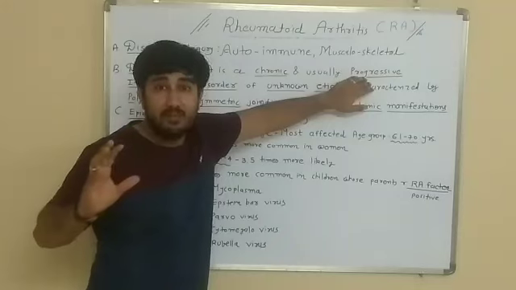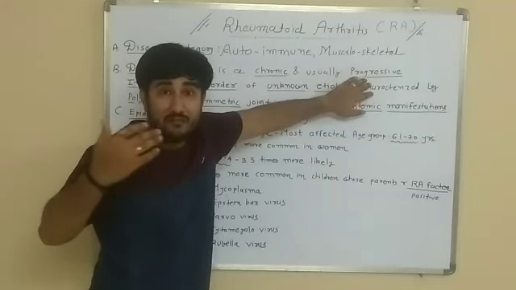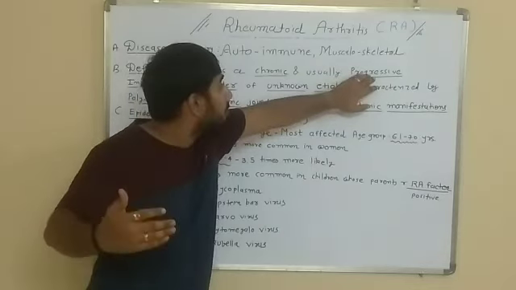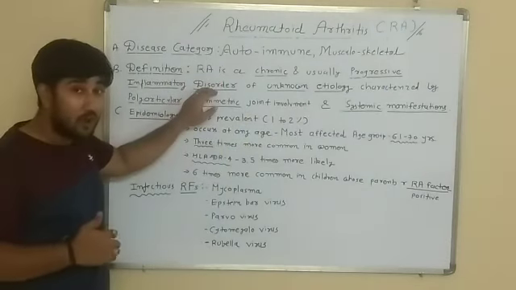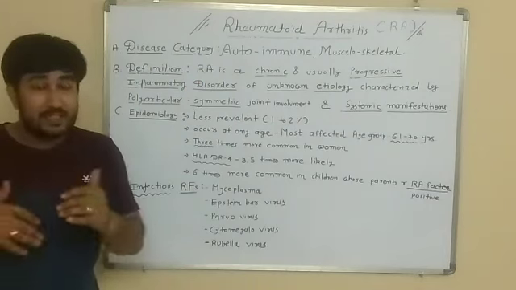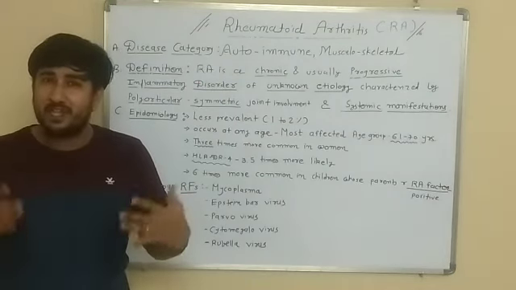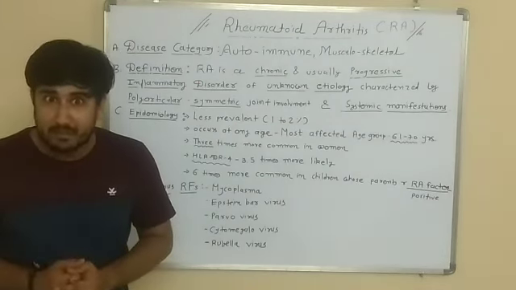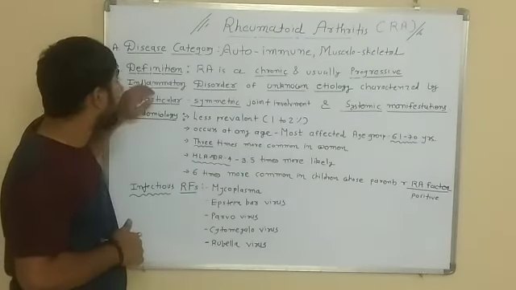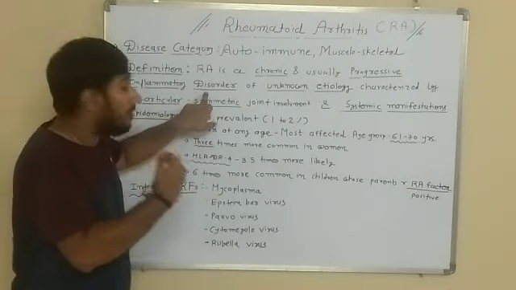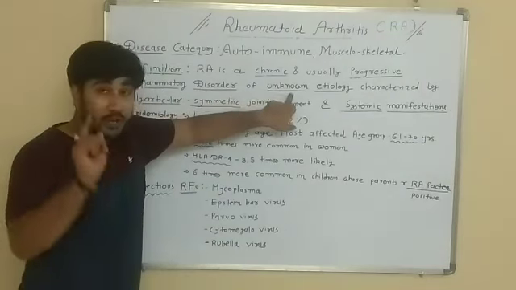The signs and symptoms and even the complications worsen day by day. Why disorder? Because in later phases the patient has multiple complications, multiple signs and symptoms, and even multiple systems get affected. That is why it is a progressive inflammatory disorder of unknown etiology.